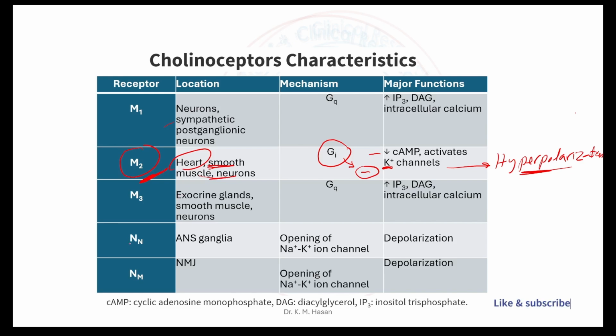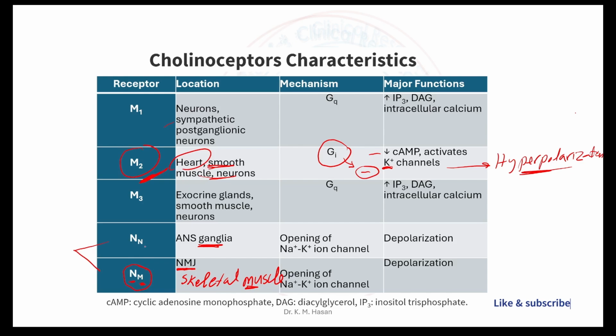Okay, moving to the next group, we have the nicotinic receptor. This nicotinic receptor could be available in the neuromuscular junction, where we are talking about skeletal muscles, and here we have another one, ganglia. In skeletal muscles we have the NM nicotinic receptor. So NM stands for nicotinic receptor in skeletal muscles, the motor end plate.